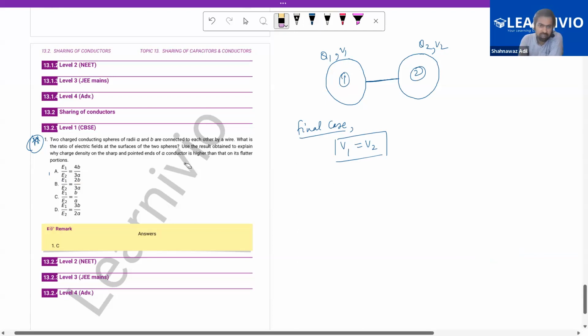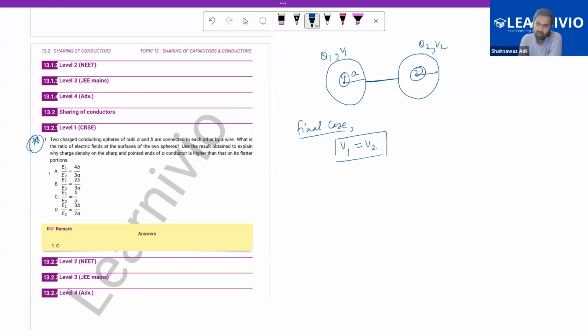We are talking about at the surface, right? At the surface of two spheres. So we are talking about at the surface. What is the potential of the sphere at the surface? Yes.